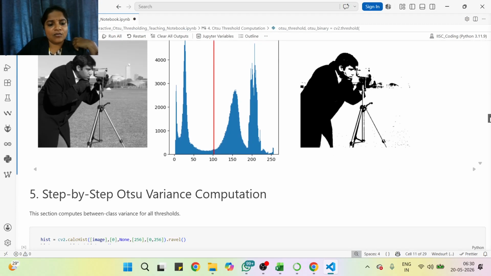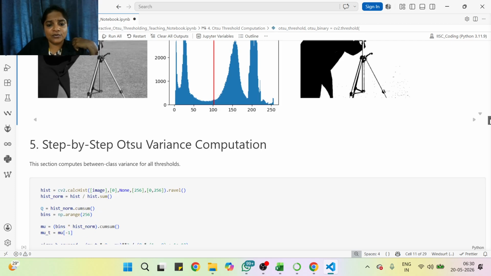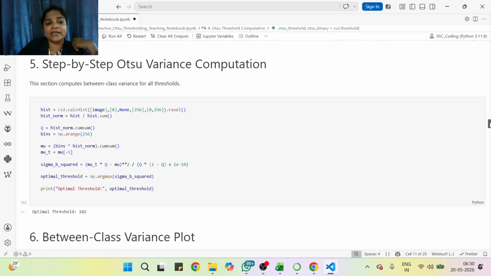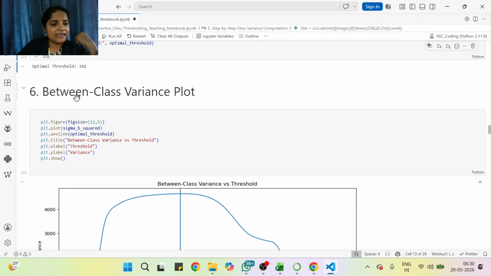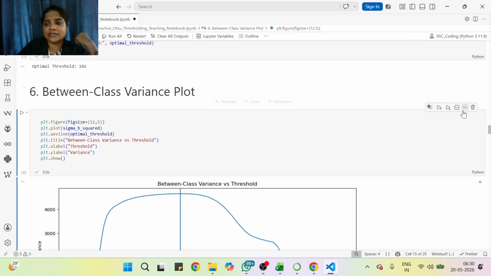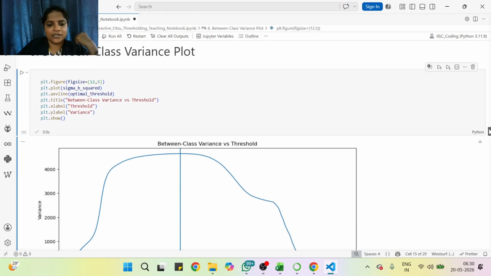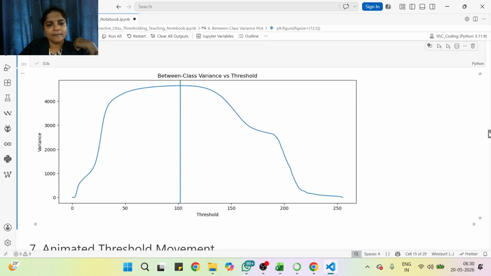Now, I told you in Otsu's thresholding, how do we calculate the optimum threshold? We go for the threshold that has the maximum between class variance. So I am going to calculate this maximum variance and plot this variance. Look at this graph. This graph I have plotted between threshold versus the variance.